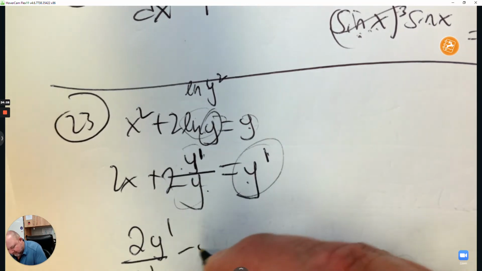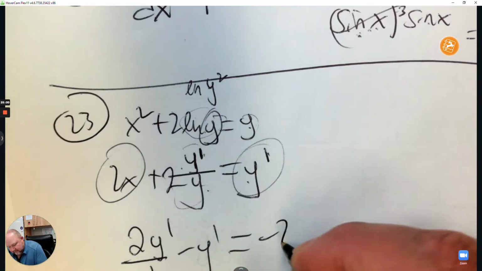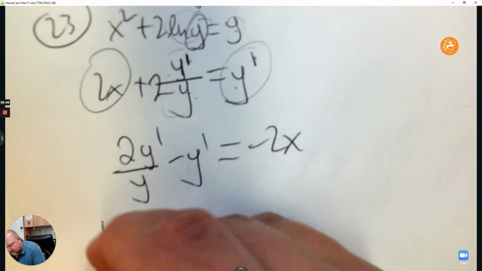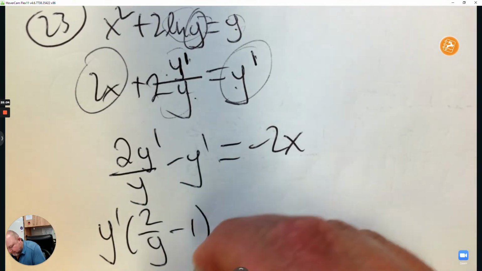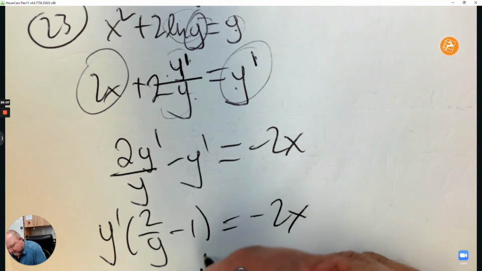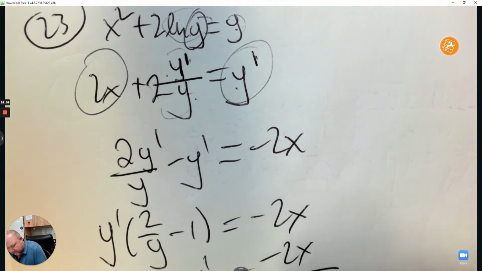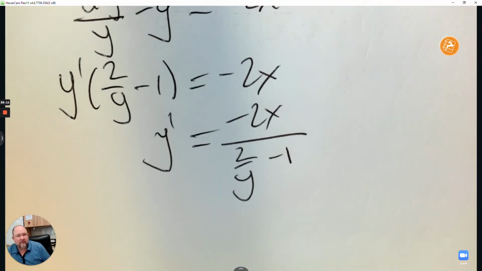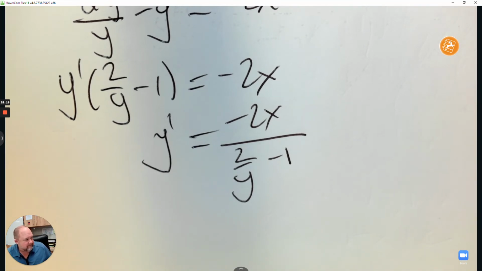I'm going to subtract it. I'm going to factor out a y prime and then divide. I'm not trying to be super awesome about it. It's fine that it looks like that.